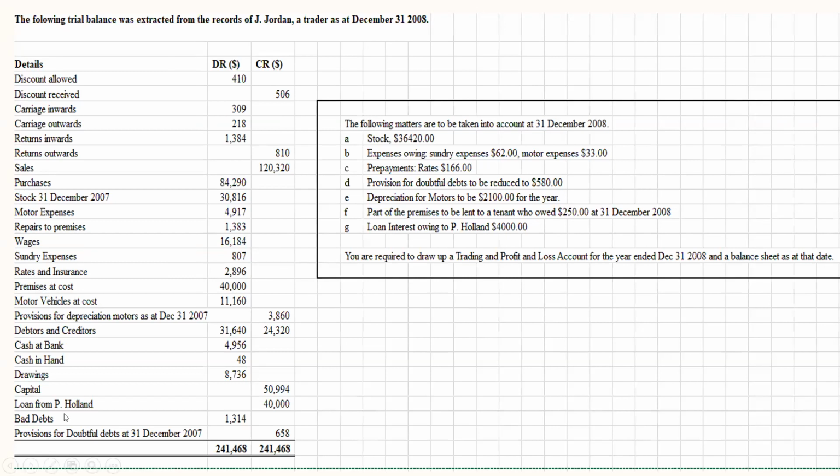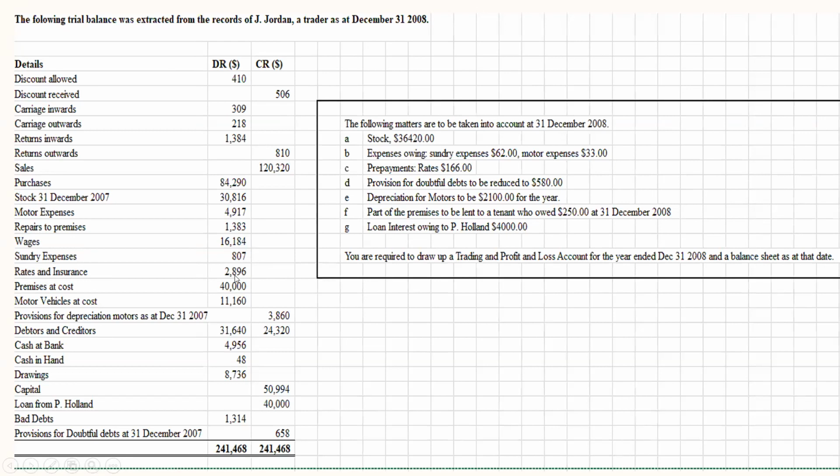Rates in this question, where is rates? Sorry, rates and insurance. I was looking at it wrong.